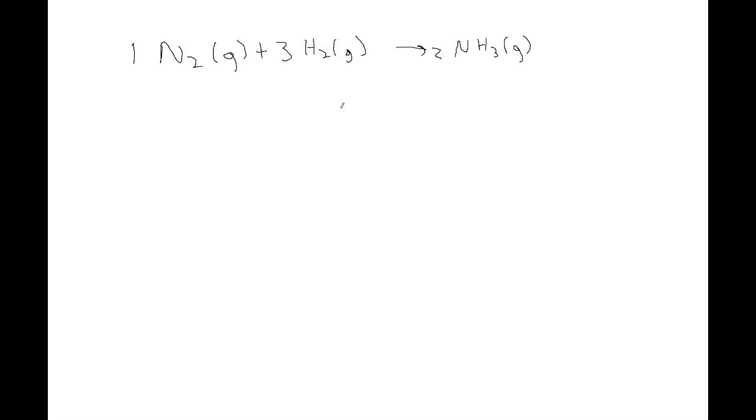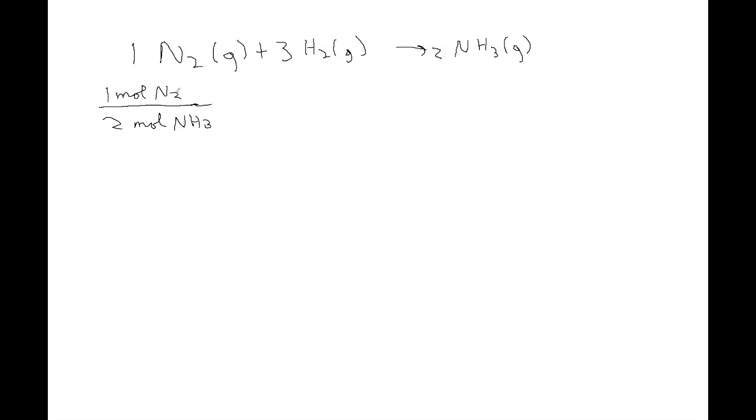All right, and now we can write the conversion ratios. So for practice, let's do that. Let's write down all the conversion ratios. Let's just write them out. So what are the conversion ratios we could get? 1 mole of N2 gives us 2 moles of NH3.